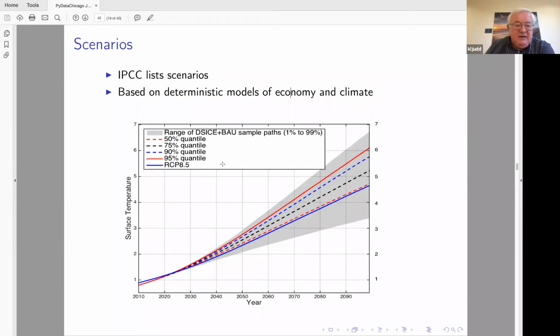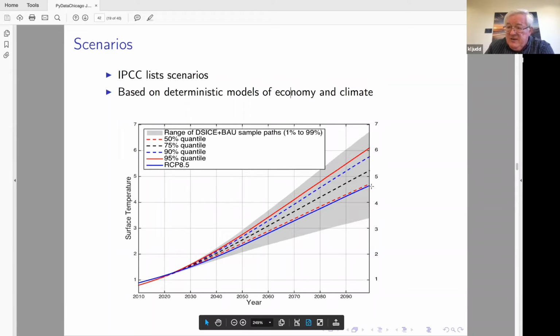In the world of the IPCC, for example, they love to talk about scenarios. What's likely to happen? The RCP 8.5 is a scenario that they think is what would happen if there's no intervention: the surface temperature over this century will rise to almost 5 degrees above what it was at some base time.